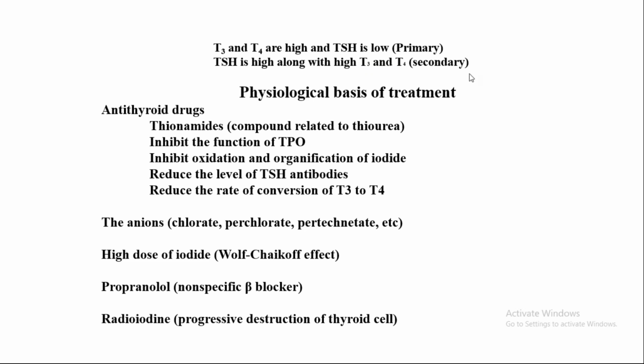If it is secondary, meaning the hypothalamus or anterior pituitary is involved, then TSH is high along with T3 and T4. So you can identify this through blood sample estimation.